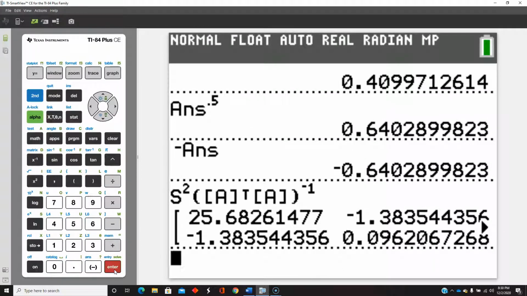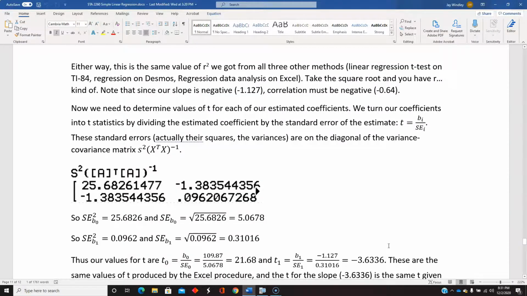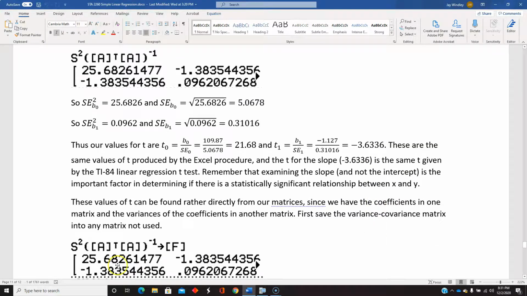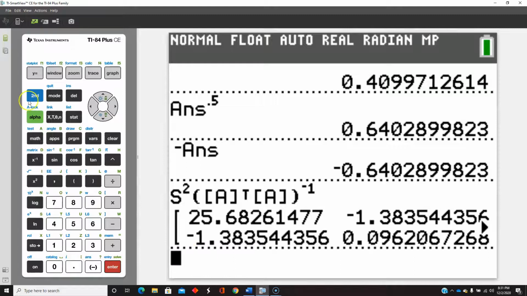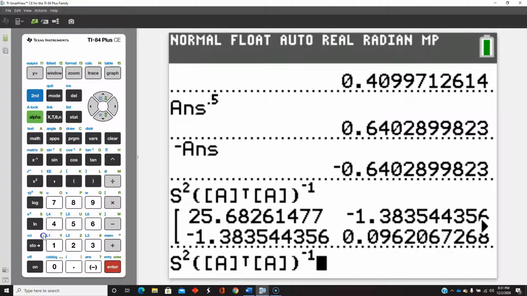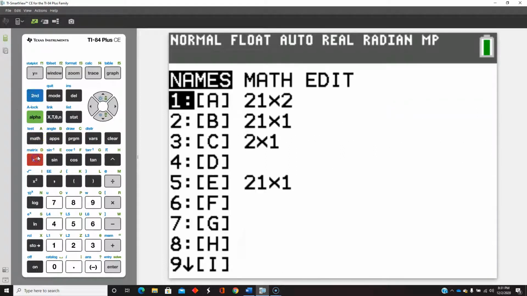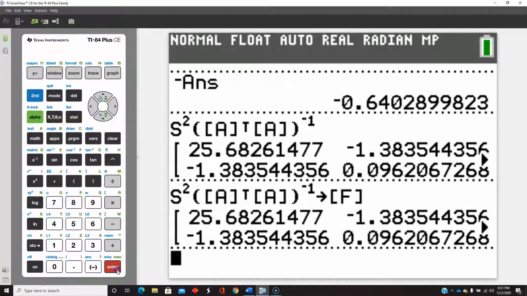This is a matrix of variances and covariances for the coefficients. So the variance for our estimate of A is 2568, and the variance for our estimate of B is 0.096. So let's store this calculation in matrix F, so I don't have to keep re-entering all of that. I'm going to store that in matrix F.